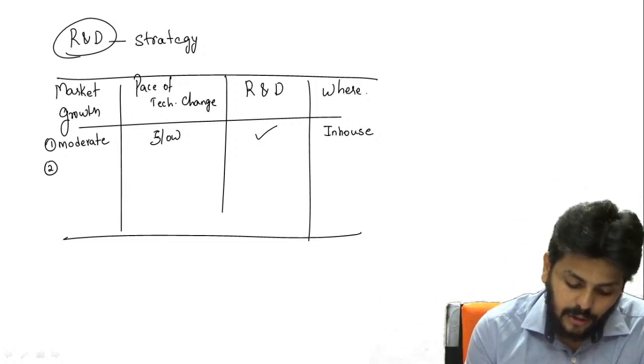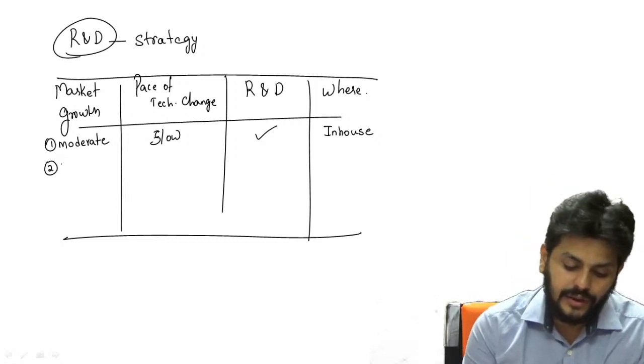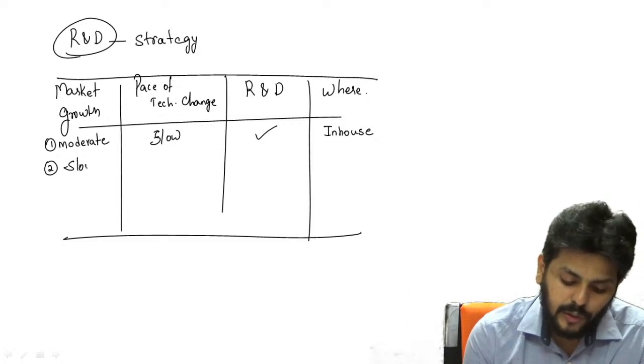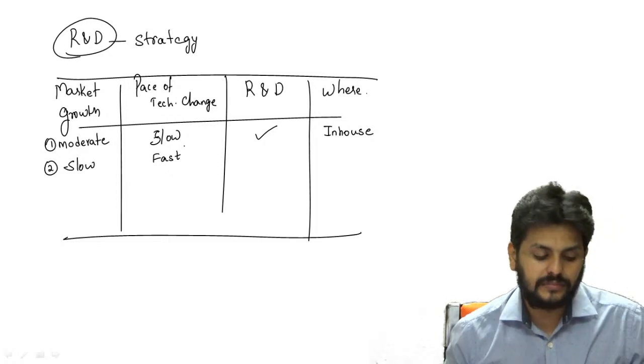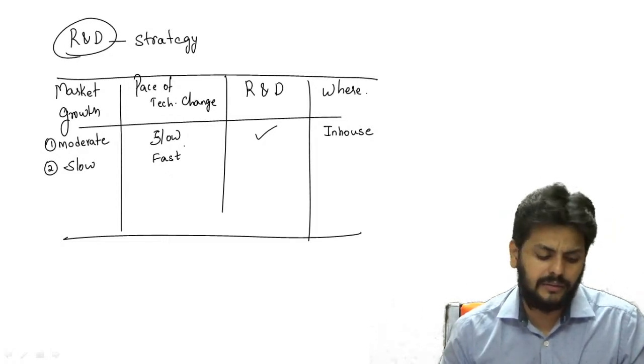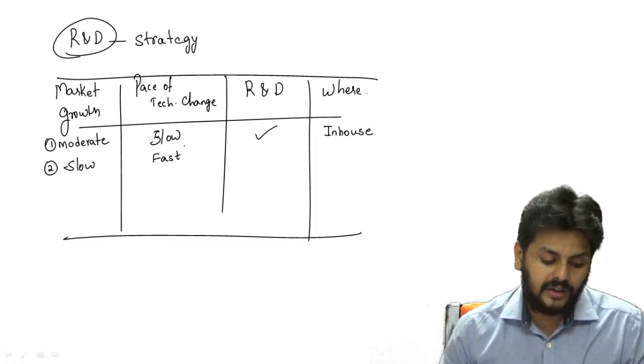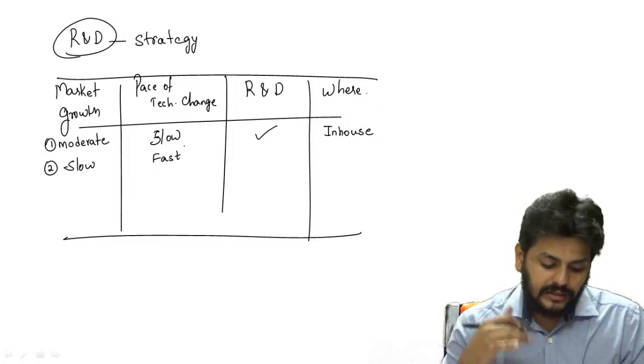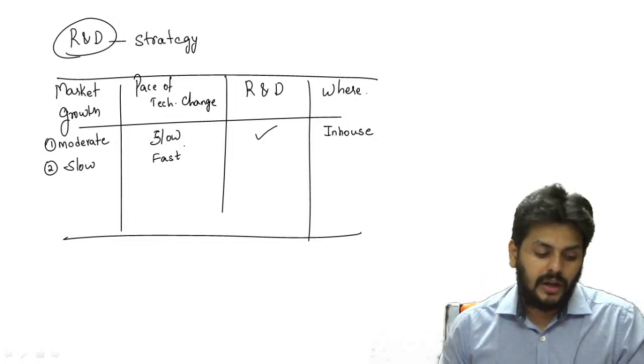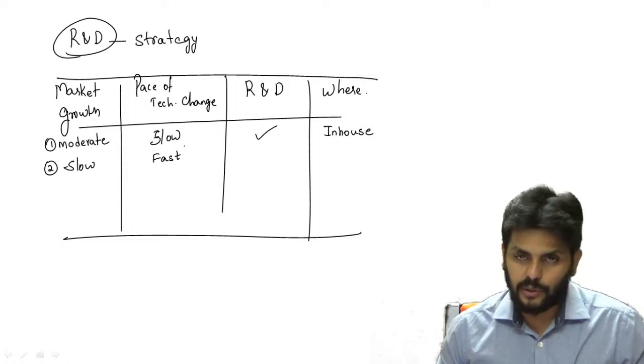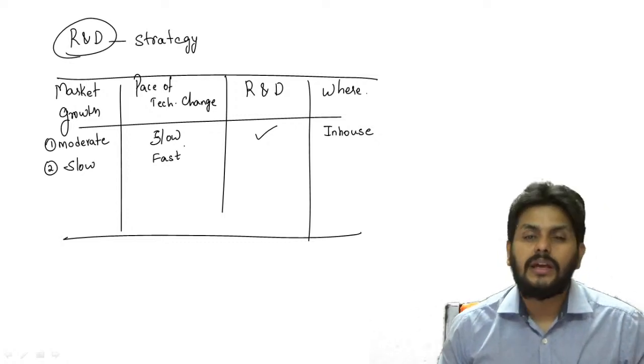Then the second combination that we are talking about here is market growth rate is slow, but pace of technological change is fast. Market growth rate is slow only, no problem with respect to that. But the pace at which technology is changing is pretty fast. Now, when technology is changing slowly, we attempt to do the R&D.